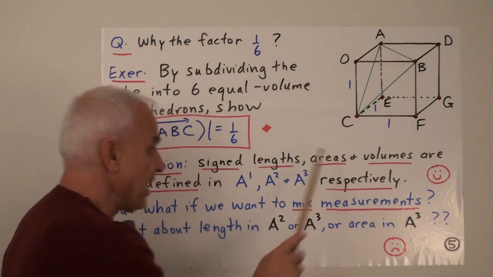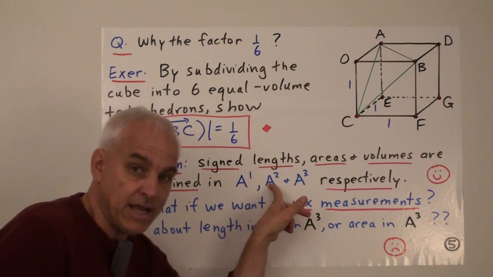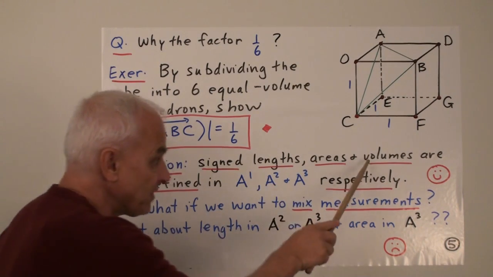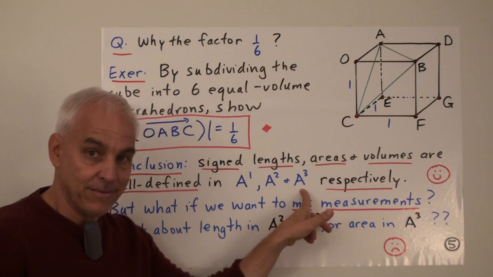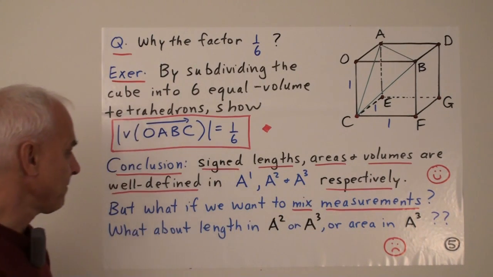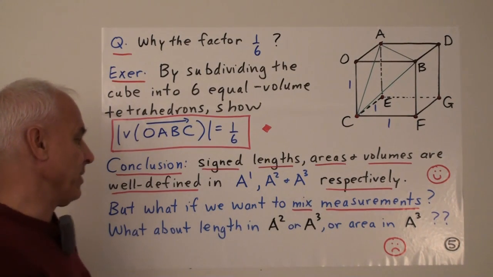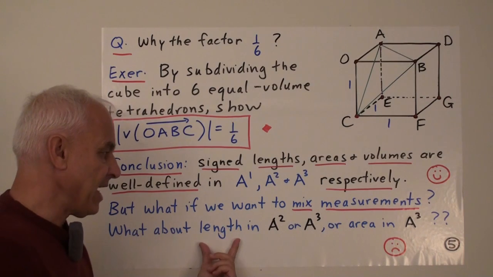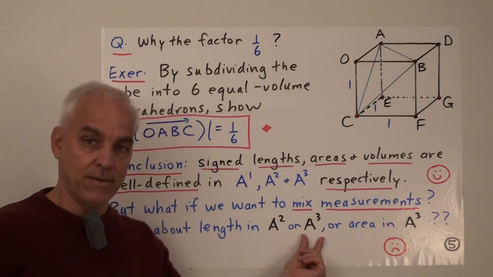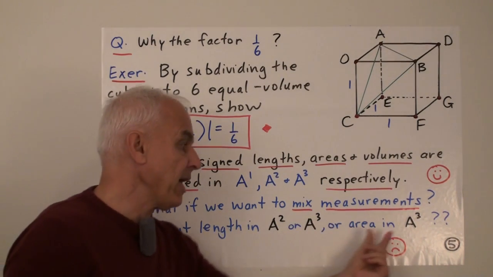The notion of the signed area has been defined in the context of A2. And the notion of signed volume has been defined in the context of A3. But what if we want to mix measurements? For example, what about length, say in A2 or A3? Or area in A3?